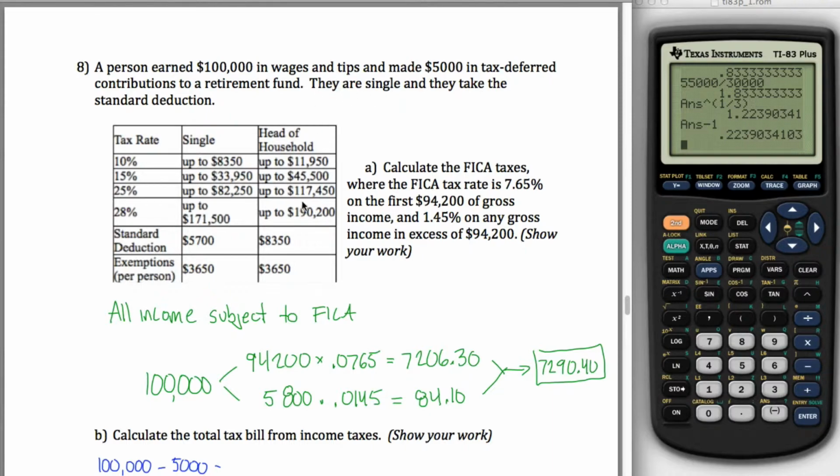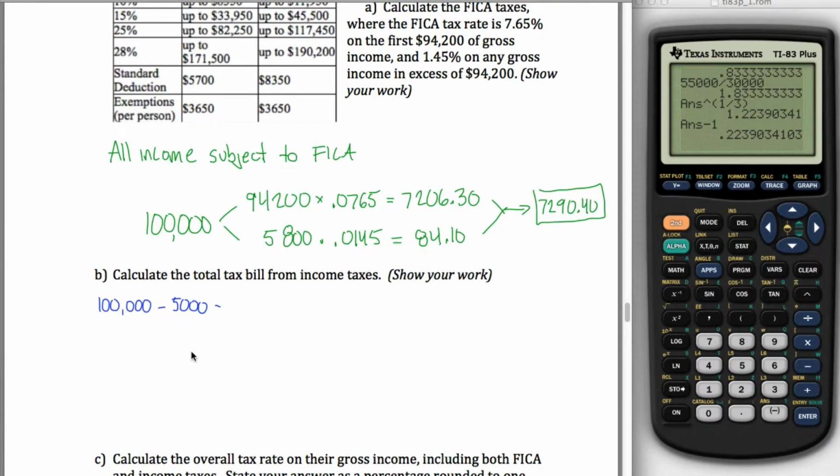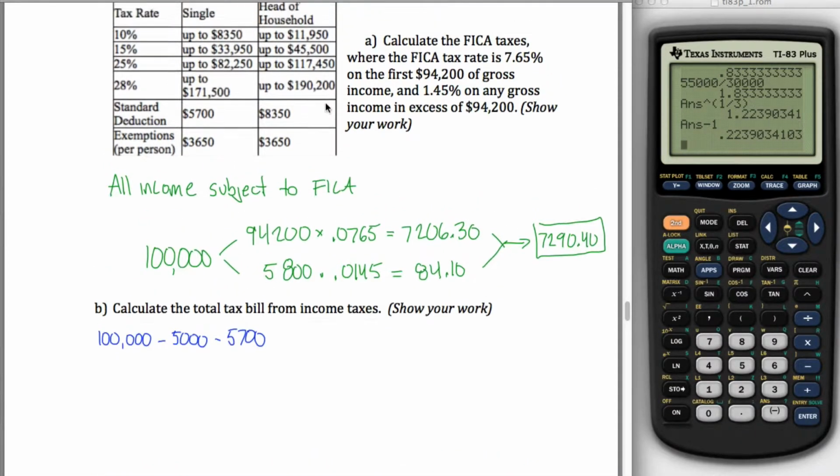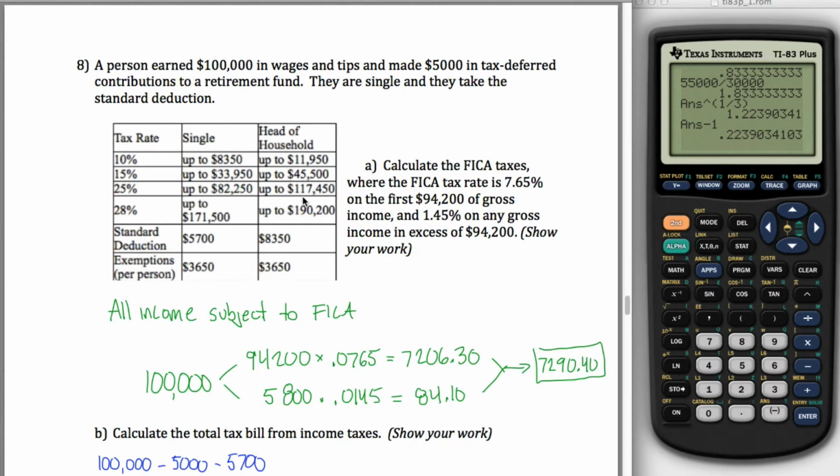This person is single? Sure. So I'm going to subtract another $5,700, my standard deduction. I also get an exemption per person. So for every single person in my family, I get to take away another $3,650. How many people are in my family? Well, it says I'm single somewhere in here. They are single. So that means I only get one exemption.